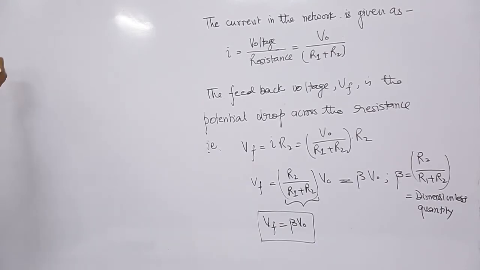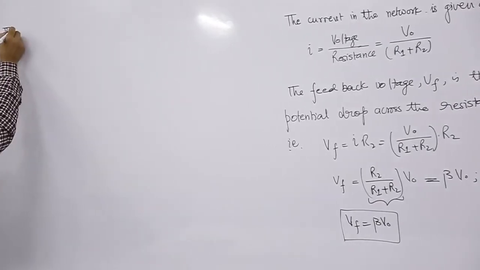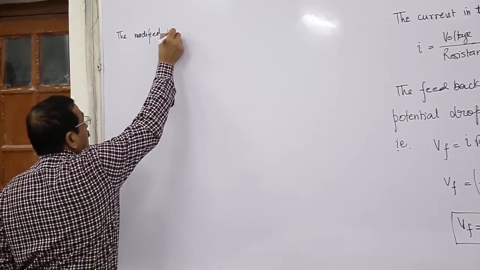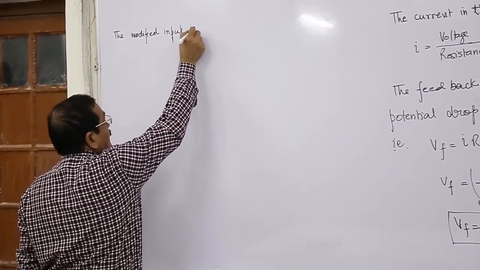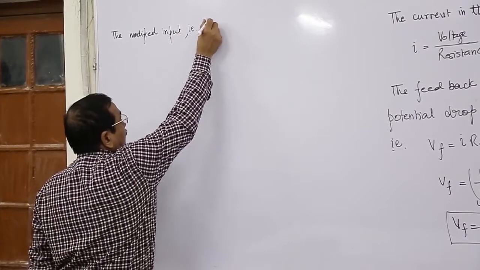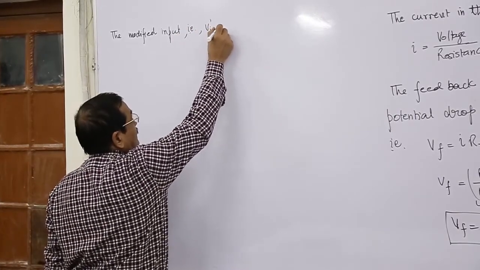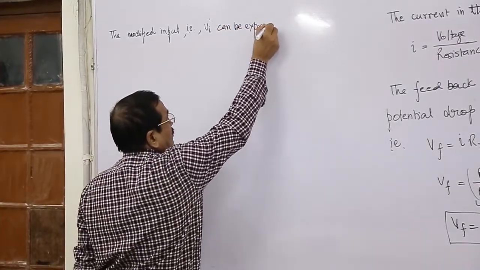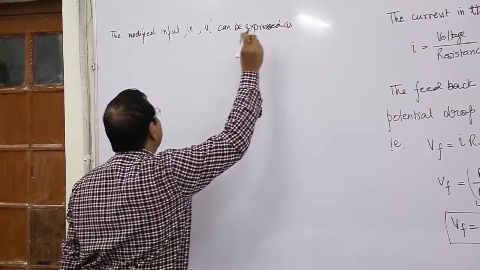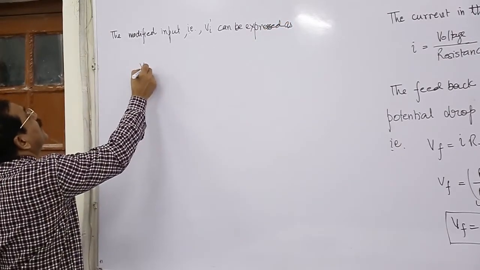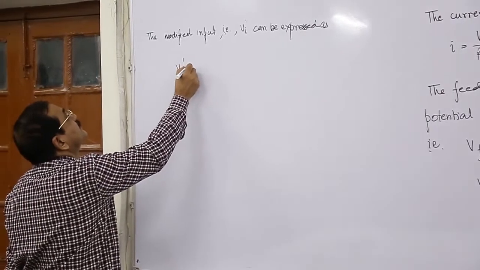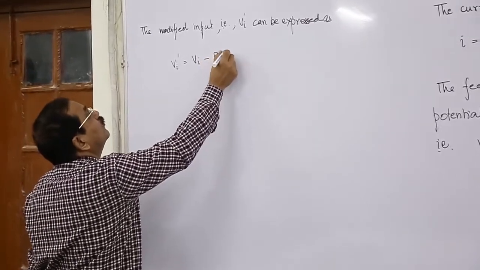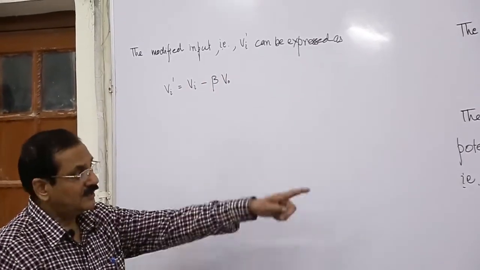So what we find, the modified input Vi dash can be expressed as Vi dash is Vi minus beta V0.